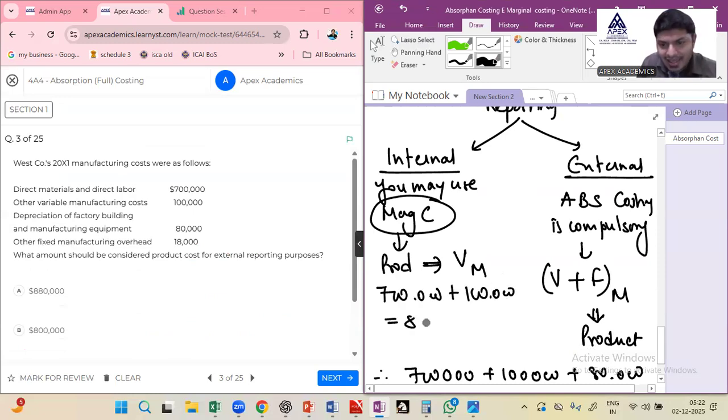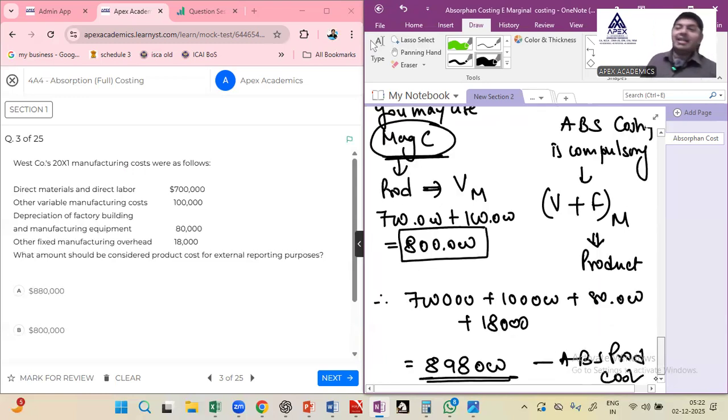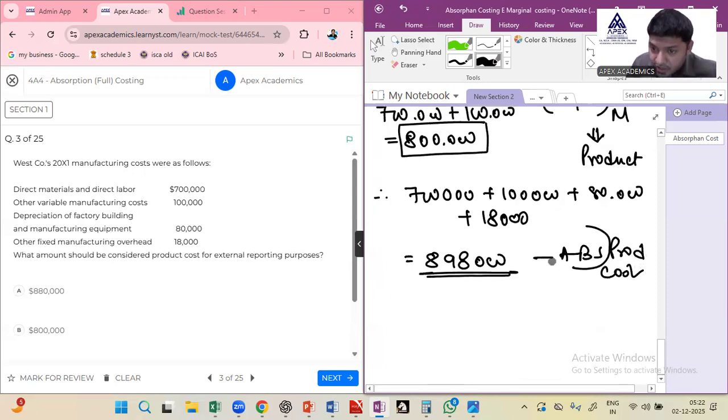Your answer is 8 lakhs as your product cost under marginal costing, and 8 lakh 98,000 as your product cost under absorption costing. An important question. So when you are revising this particular concept on your LMS, please remember that question number 1 and question number 3 have to be revised together, so that your one concept will become completely revised.